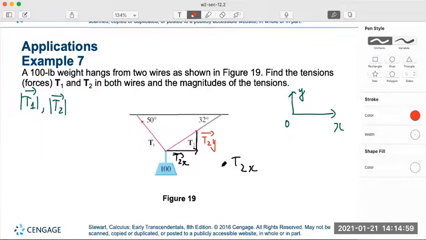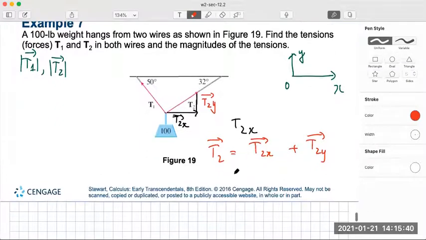So the vector T2 we can write as T2x plus T2y. Do you agree? Triangle law. You agree? Very good. And T2x is parallel to the OX axis, right?